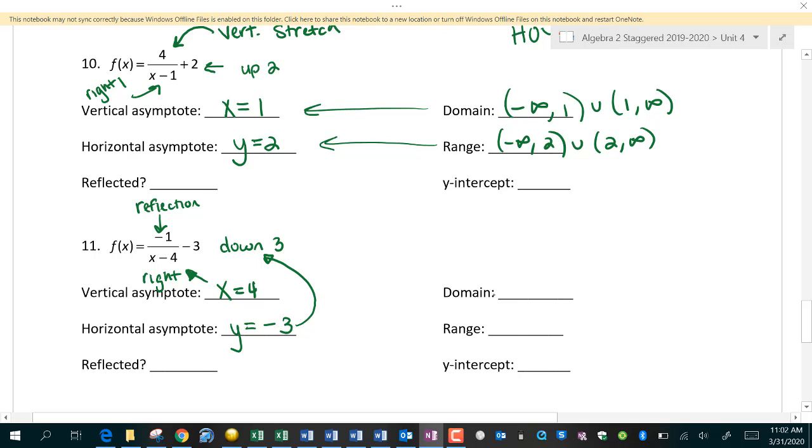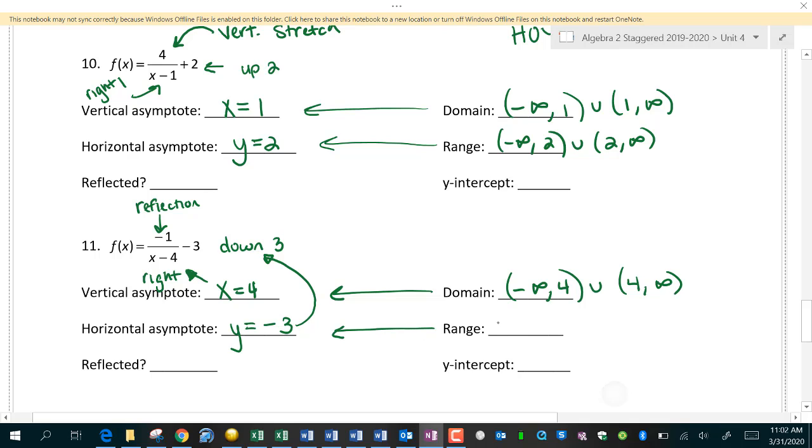Then going to my domain and range, my domain comes from our vertical asymptote: negative infinity, comma 4, union 4, comma infinity. Likewise, my range comes from the horizontal asymptote: negative infinity to negative 3, union negative 3 to infinity.